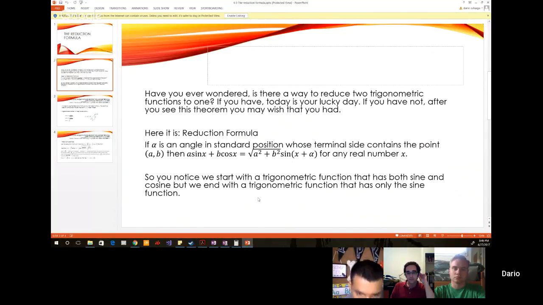So you notice we start with a trigonometric function that has both sine and cosine, but we end with one that only has a sine. We've got the sine and the cosine, but it reduces to just sine.